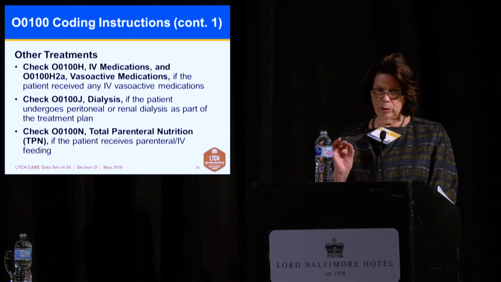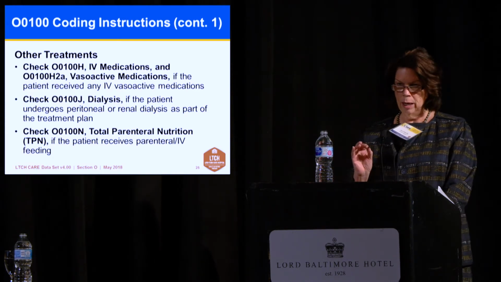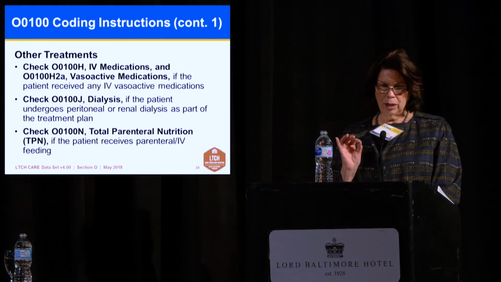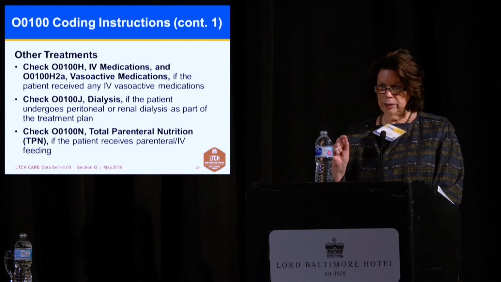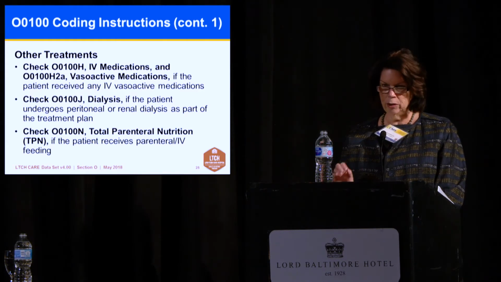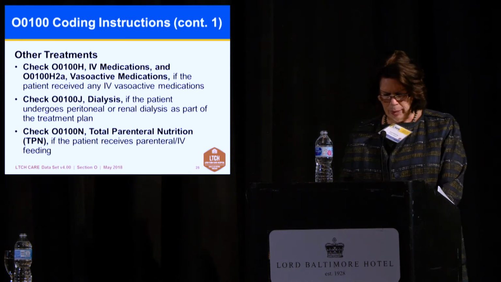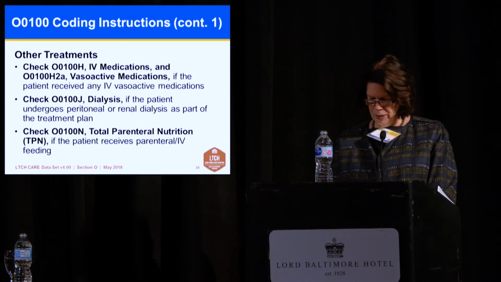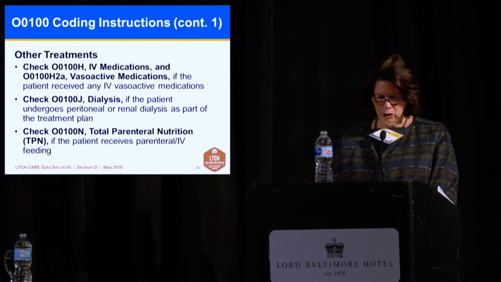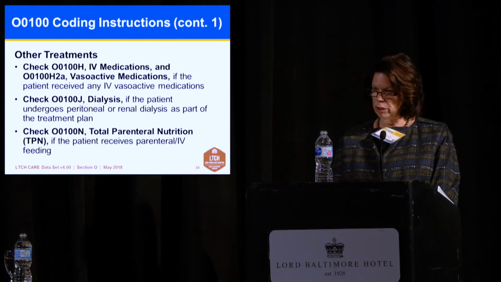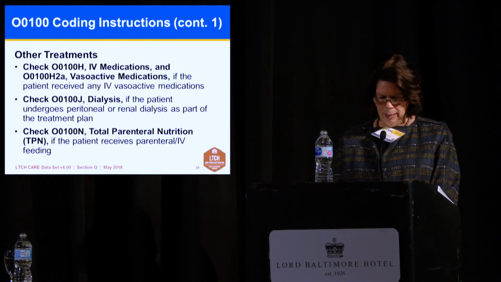These items are intended for patients that are on invasive mechanical ventilation and are expected or anticipated to wean from the ventilator. They're very specific to that measure. Examples of IV vasoactive medications may include, but are not limited to, dobutamine, norepinephrine, milrinone, and dopamine.